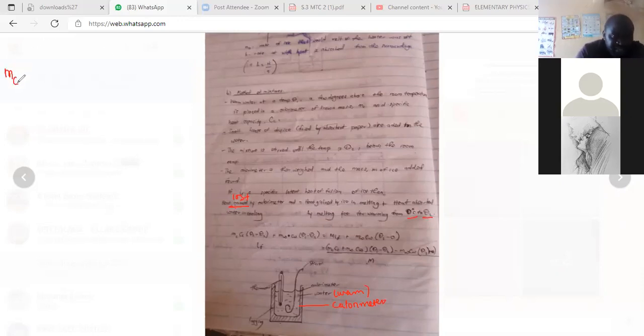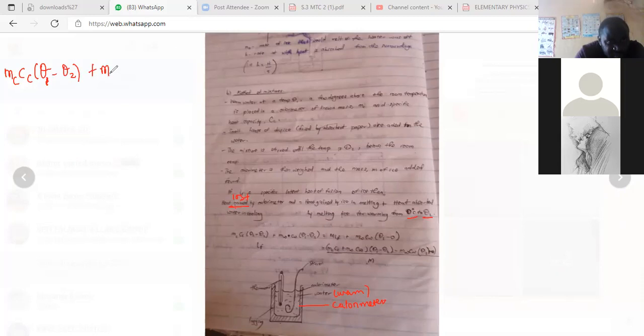And by that, mass of the calorimeter, specific heat capacity of the calorimeter, temperature change for the calorimeter, from initially the calorimeter was at a temperature θ1, so we have gone to a temperature θ2. θ2 is lower than θ1.